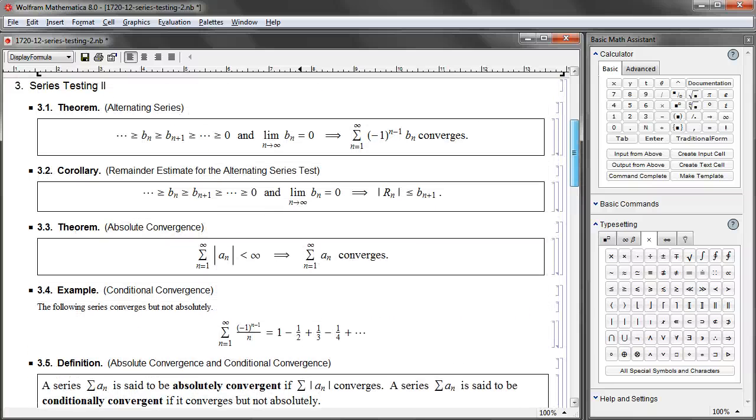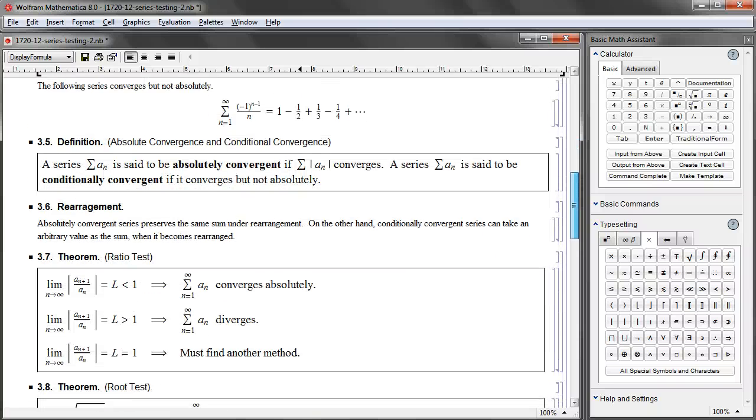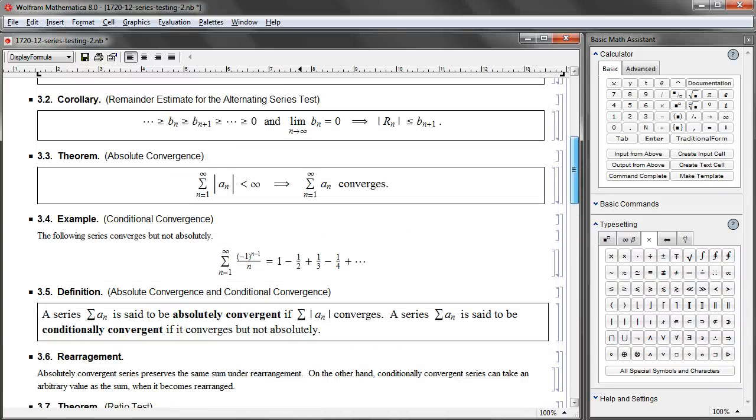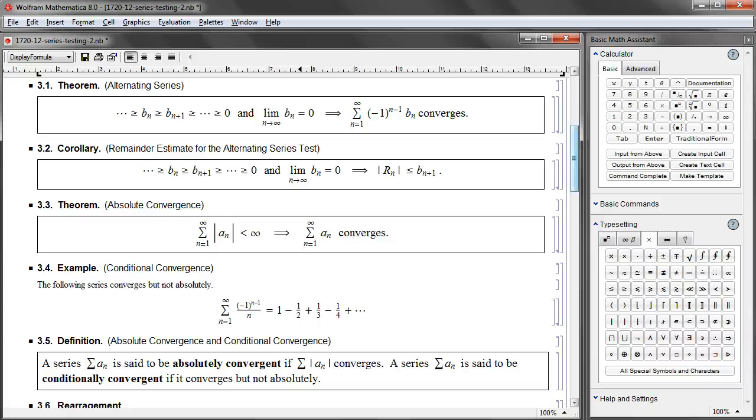We just went through 3 series tests here: the alternating series test, the ratio test and the root test. Sometimes we have to consider absolute values, especially when we have alternating series, because the problem will probably ask you to determine absolute or conditional convergence.